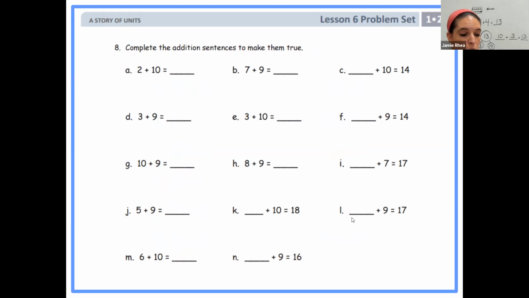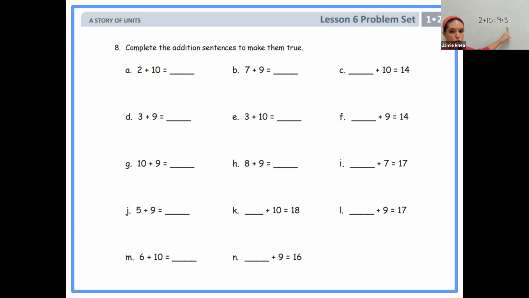On 8, you are going to do 8H. It says complete the addition sentence to make them true. Now, you're probably sitting here thinking 2 plus 10 equals 12, right? But that's not what it wants you to do. It wants you to say 2 plus 10 is equal to 9 plus 3.